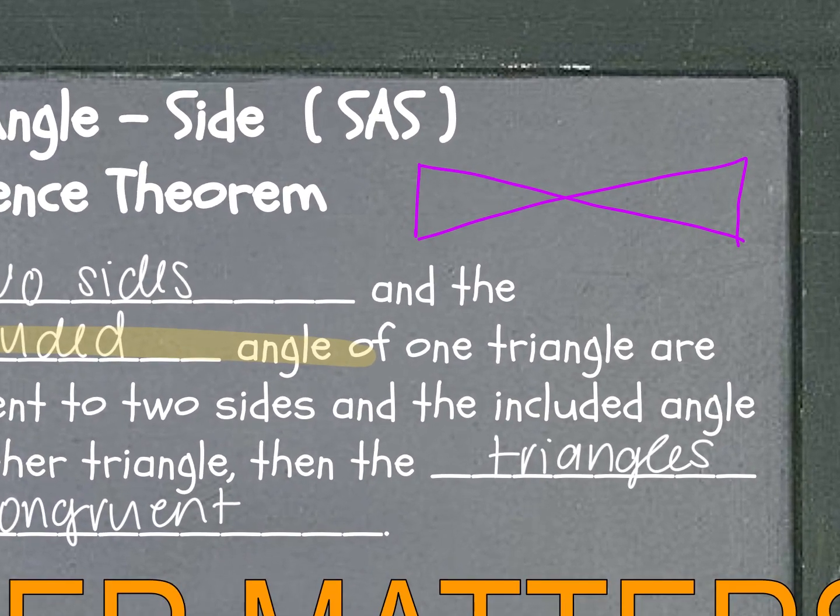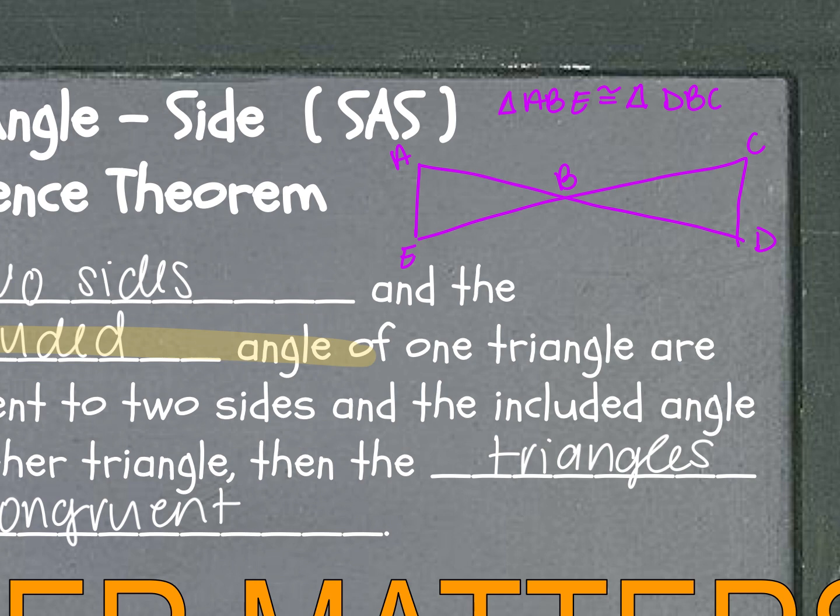My congruency statement is triangle ABE is congruent to triangle DBC. They're telling me it's congruent, and I'm going to label A, B, C, D, E.